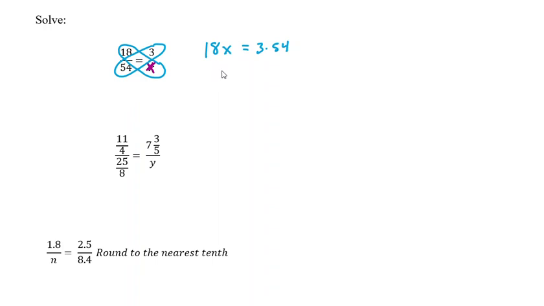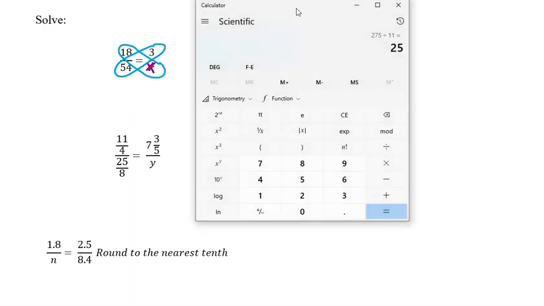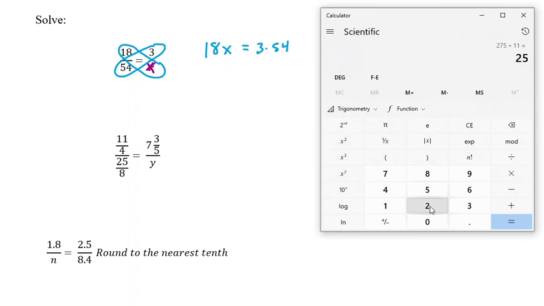Now, let me just show you, there's two ways to do this. We could get our calculator out, and I'm going to pull up my calculator. What's 3 times 54? 3 times 54 equals 162. And then I'll just divide by 18. Equals 9.